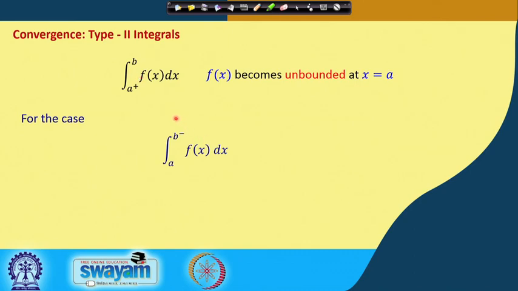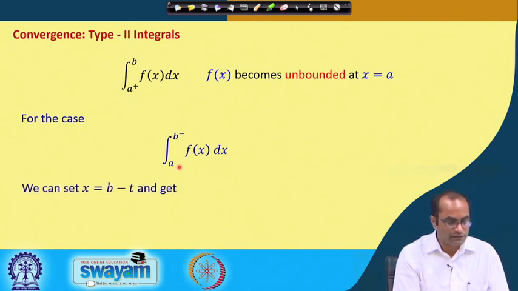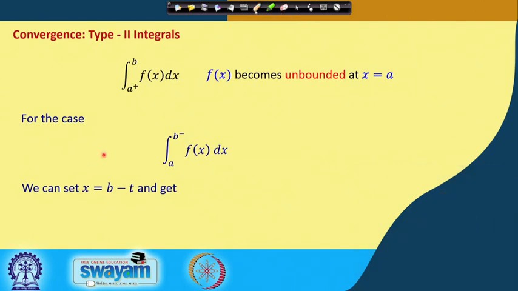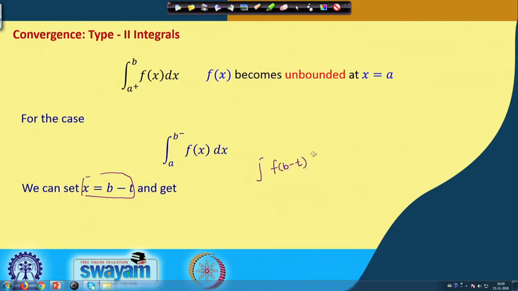For the case when f(x) becomes unbounded as x goes to b, we deal with this integral similarly to the other type, by a substitution. If we substitute x equal to b minus t, then the integrand becomes f(b minus t), and dx will be minus dt, with a minus sign.